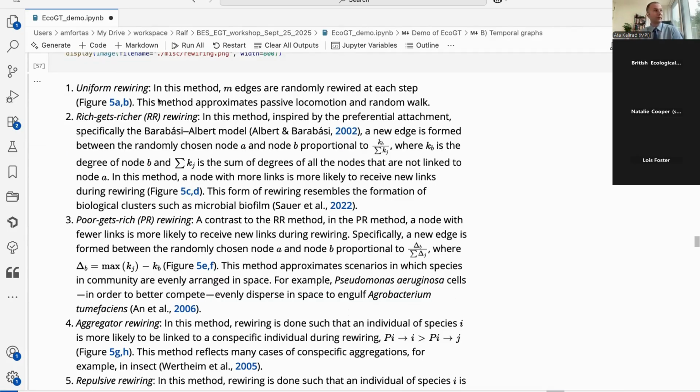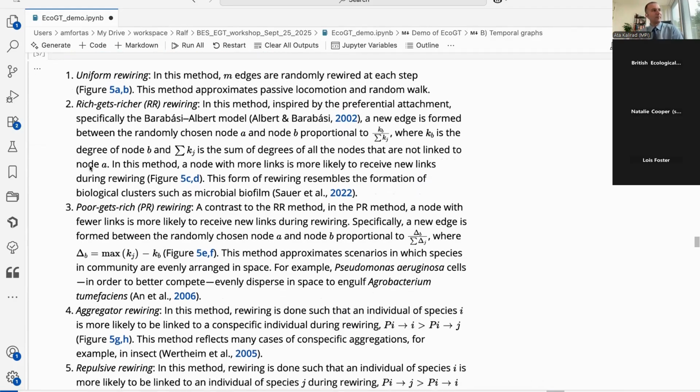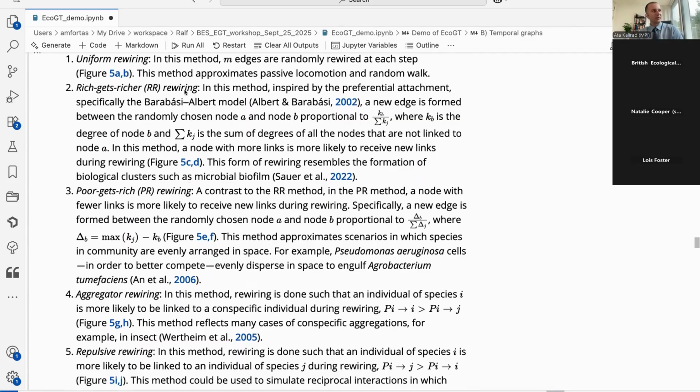So we have uniform rewiring. So M edges are randomly rewired at each step. So it doesn't really depend on the identity of the species. It just purely changes the edges. There's the rich-get-richer rewiring. So this is actually inspired by preferential attachment, specifically the Barabási-Albert model.